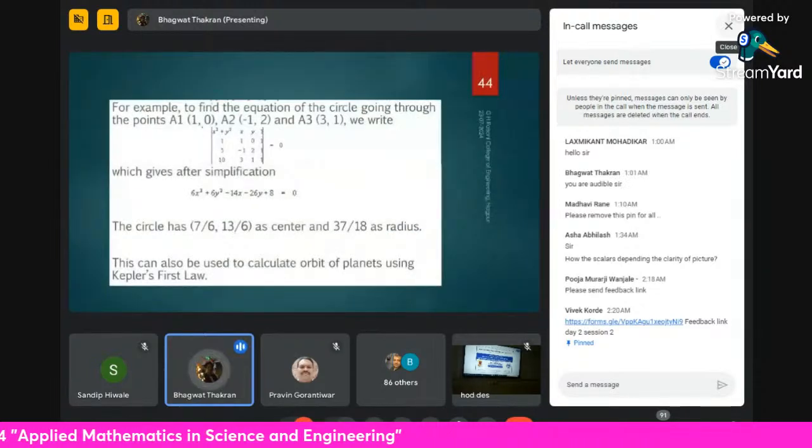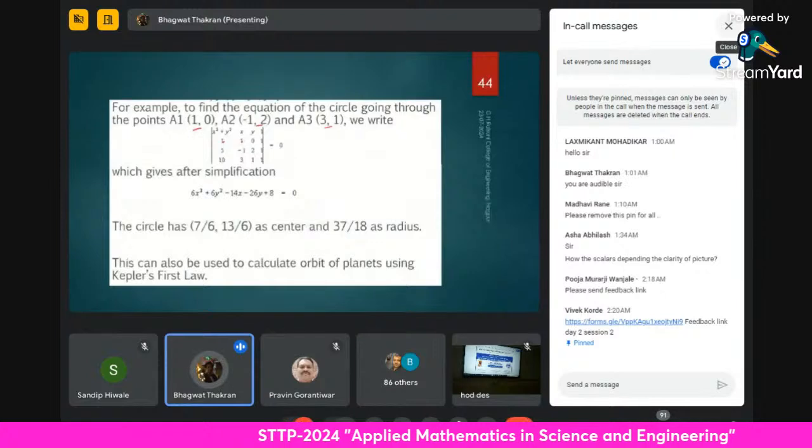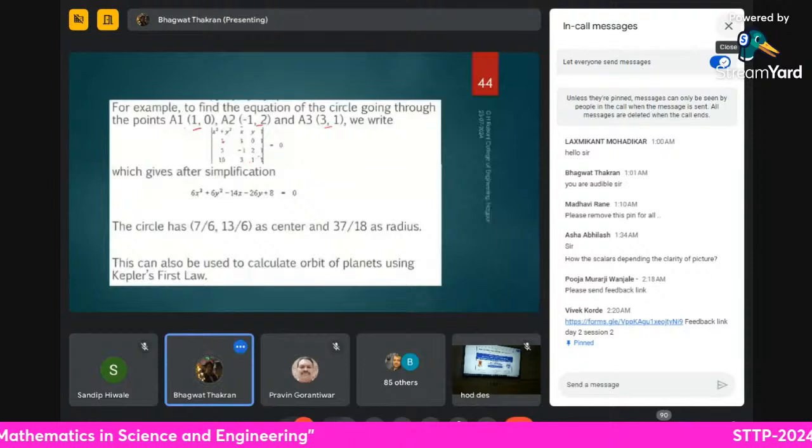Okay. Now, say these are my 3 points: 1, 0; minus 1, 2; and 3, 1, which are lying on the circle. I just need to replace the values of x1, y1. So vector v1, vector v2, vector v3. I need to replace the values of the vectors.